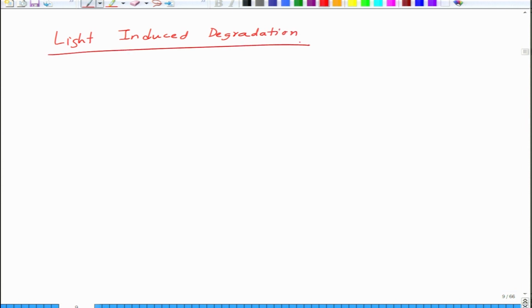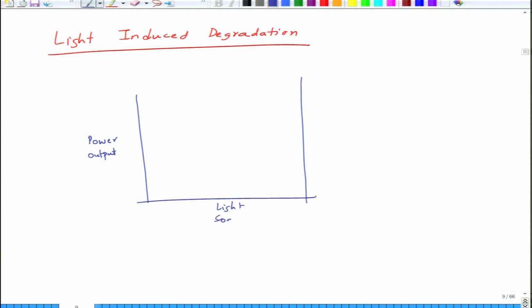What happens is that if you look at the power output as a function of light soaking time, let us say this is the stabilized power output, and this tends to reduce as a function of light exposure before it stabilizes further. Okay.